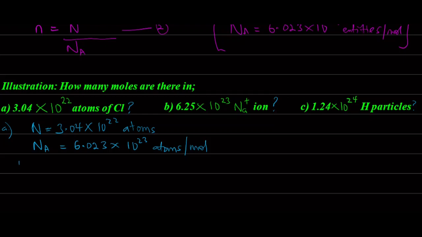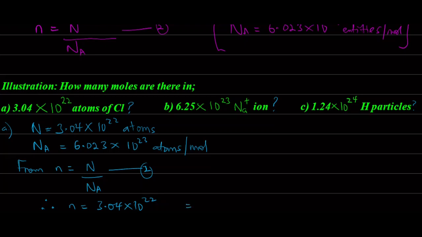Now we can make use of our equation that says number of mole equals number of entities over Avogadro's number. Equation 2. In this case, we can solve for it by saying n is equal to number of entities involved, 3.04 exponential 22, over 6.023 exponential 23.